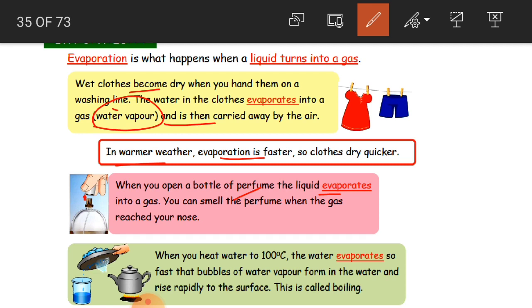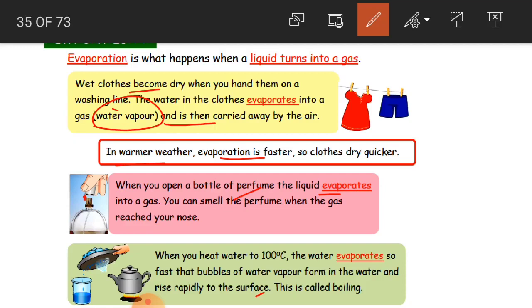Clear children? Here is another one. When you heat water to 100 degrees centigrade, the water evaporates so fast that bubbles of water vapor form in the water and rise rapidly to the surface. This is called boiling.